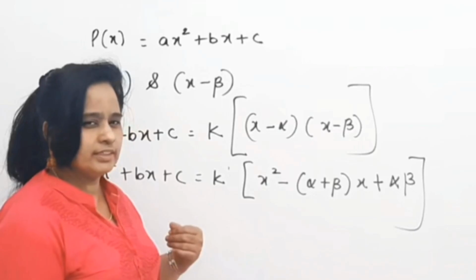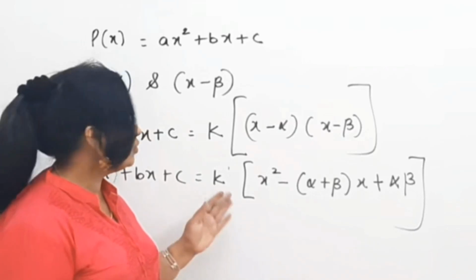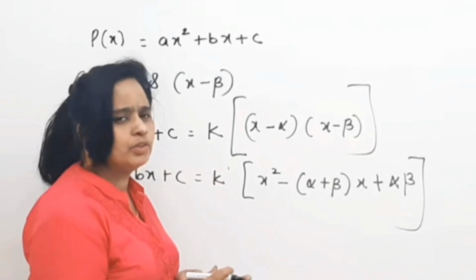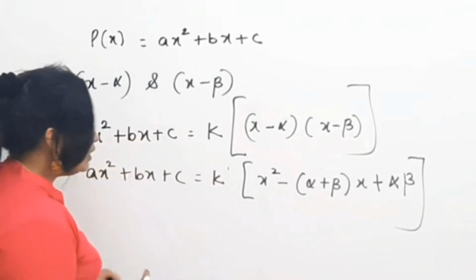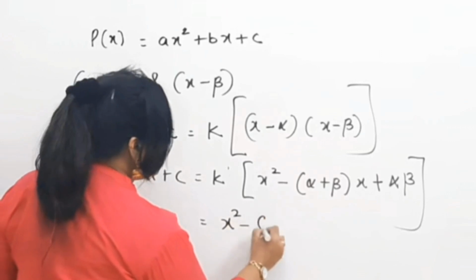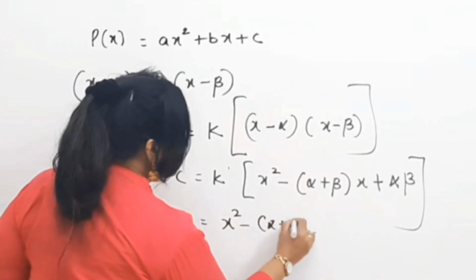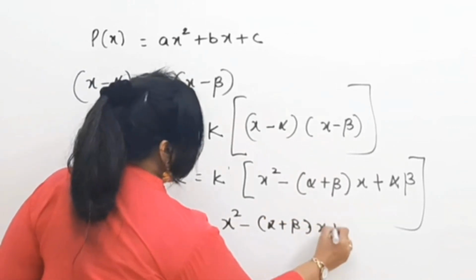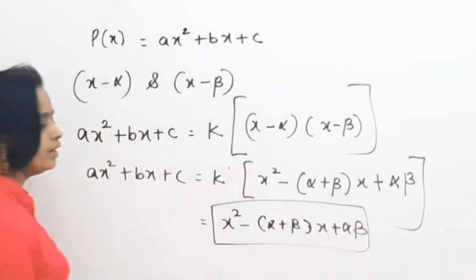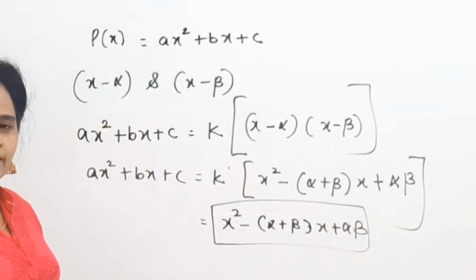But most of the students get a bit confused of this k. So it can be any number which would be multiplied. So I always tell them you would just have in memory, that is x squared minus of alpha plus beta into x plus alpha beta.